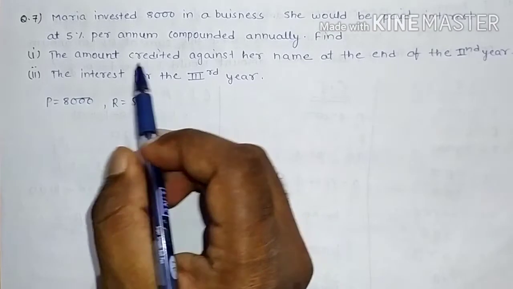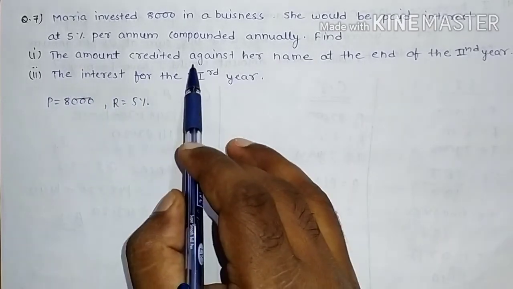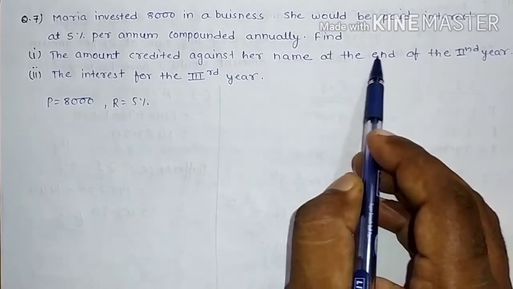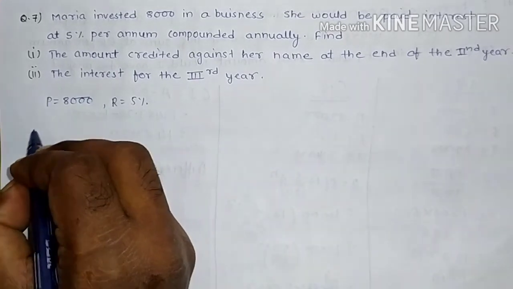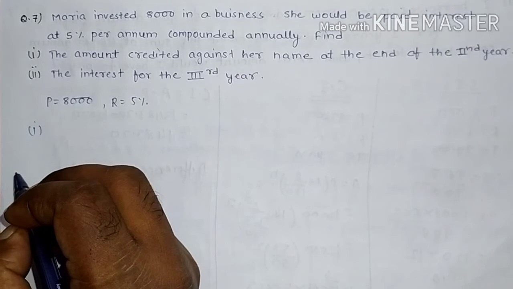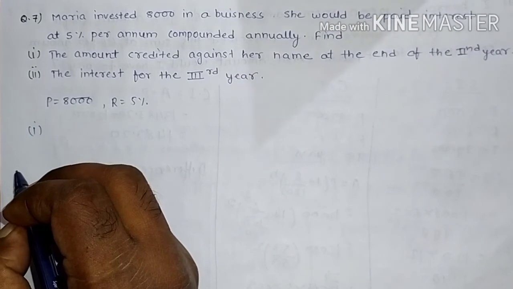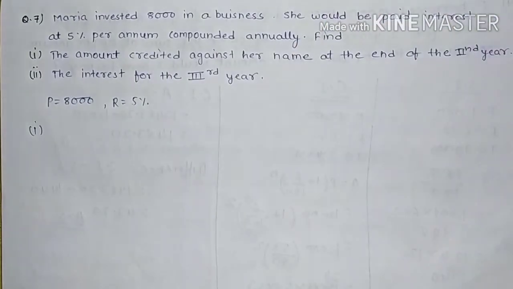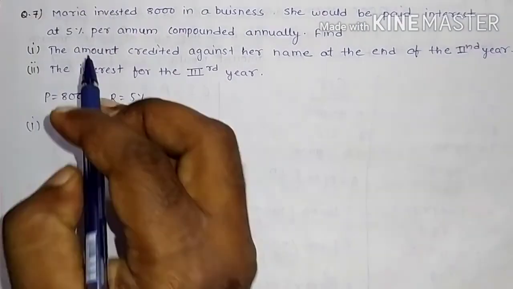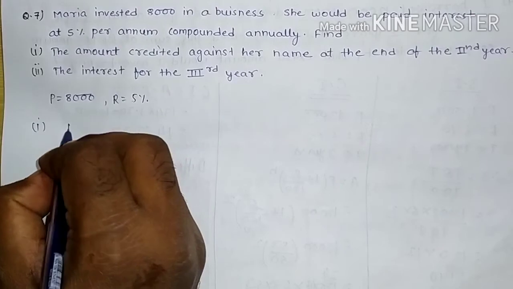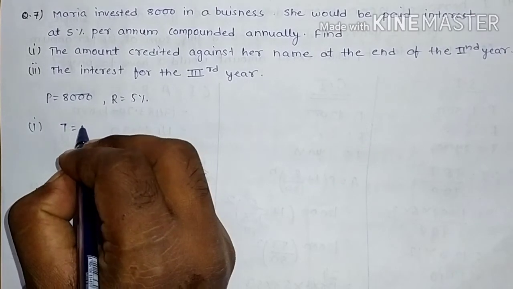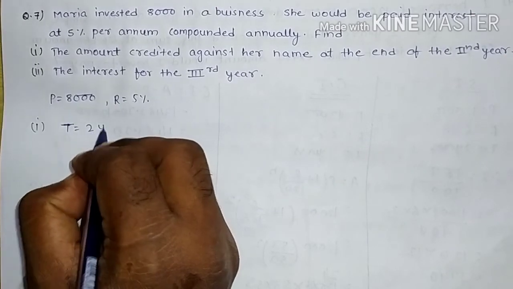Here we have to find the amount credited against her name at the end of the second year. Time is 2 years.